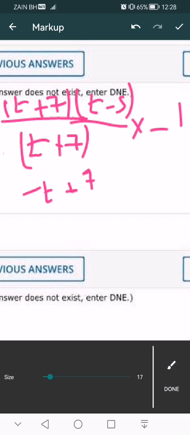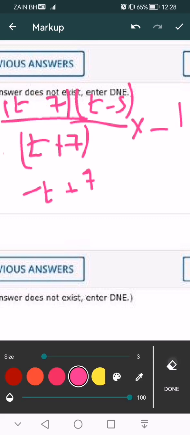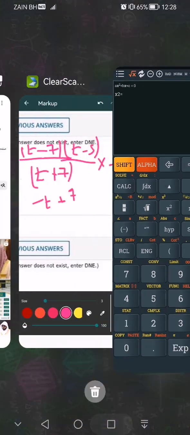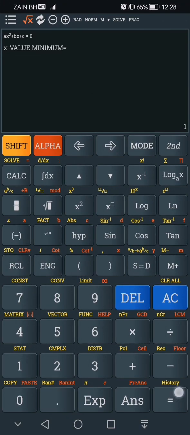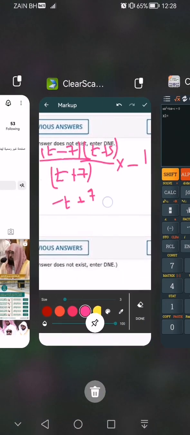Because I get plus, I will put it minus. Because I get minus here, I will put minus 5, I will put plus.